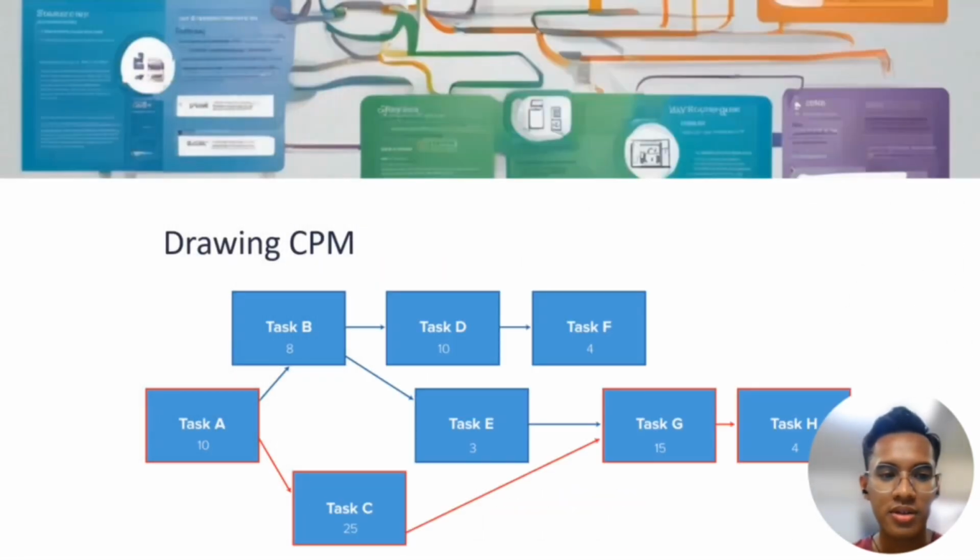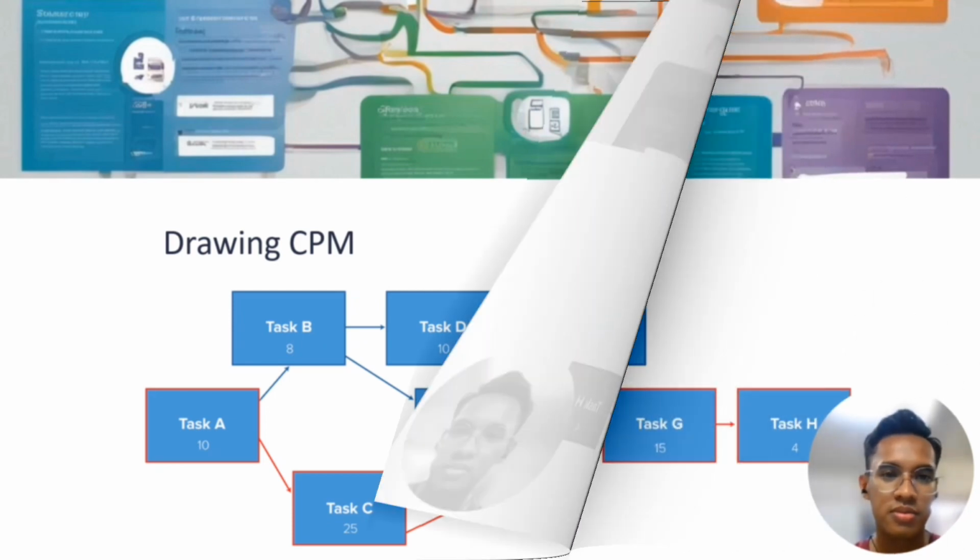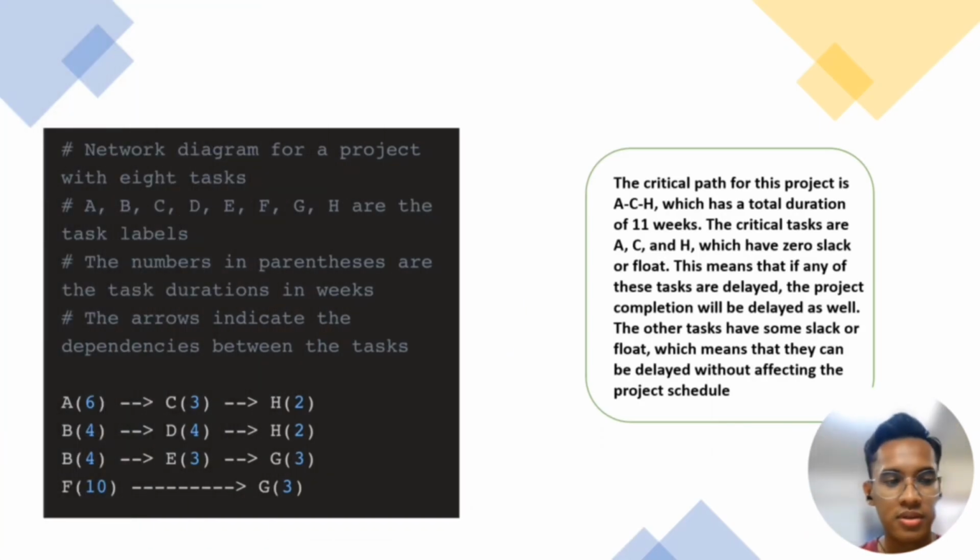As you can see, this is an example drawing of critical path method. So basically, the drawing will start with task A and will finish with task H. And this slide shows the example network diagram for a project with 8 tasks.